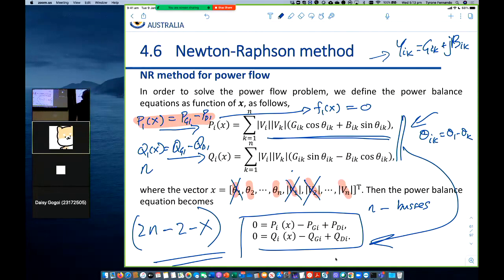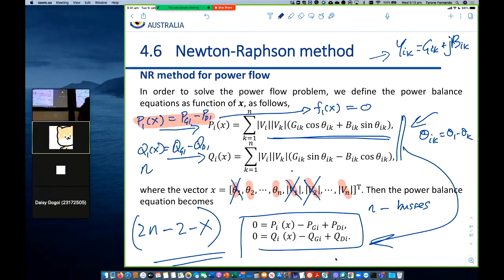So for load buses, we are going to write two equations. If you look at this equation, 0 equals Pix minus Pgi plus Pdi. 0 equals Qix minus Qgi plus Qdi. Because P and Q are known. How much power a load consumes, we know.